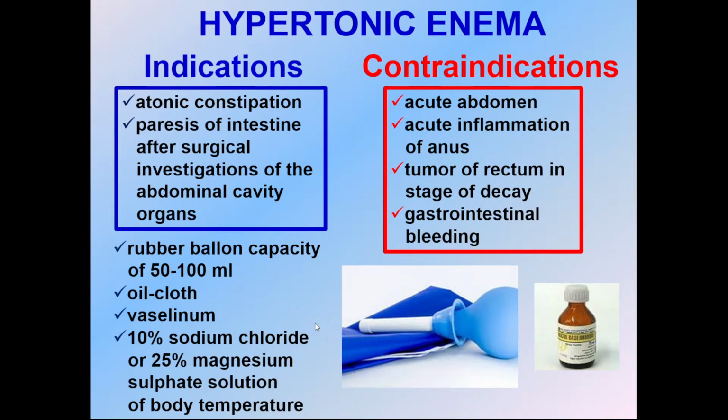I'll draw your attention: we push on the balloon, all the solution moves into the intestine, and we do not relax the balloon, keeping it in a constricted condition, until we remove it. Because if you relax the balloon while the tube is in the intestine, all the intestinal content comes back into the balloon and your procedure will be ineffective.